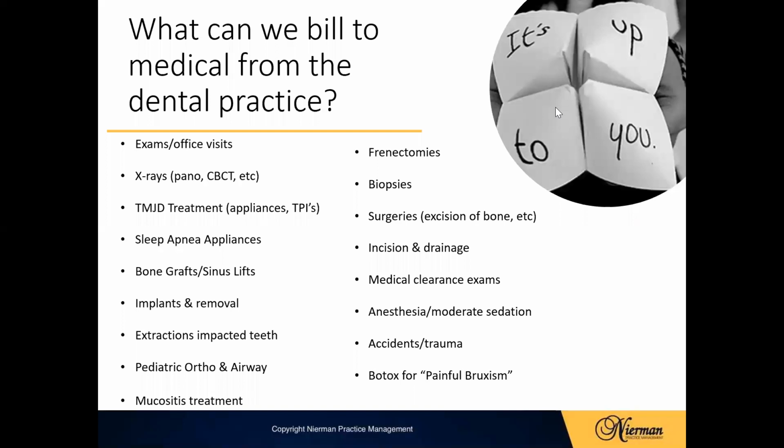And often, they'll pay for the implants too, if you can show there's bone atrophy and it's medically necessary, and when the patient has a symptom where they're compromised and having difficulty with function, okay? There's even a code for removal of implants.